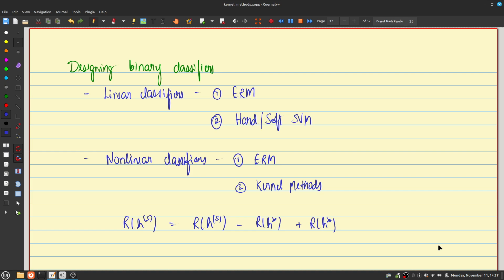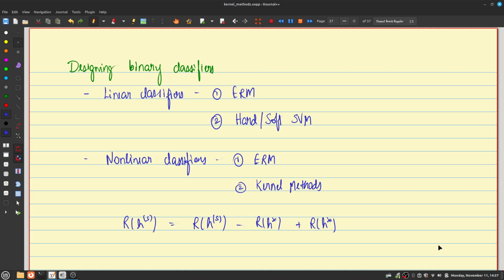But the problem with linear classifiers is that we know how well they perform, in the sense that, at least if using the hard or soft SVM algorithm, they can achieve a generalization error that is close to the best possible linear classifier, right?